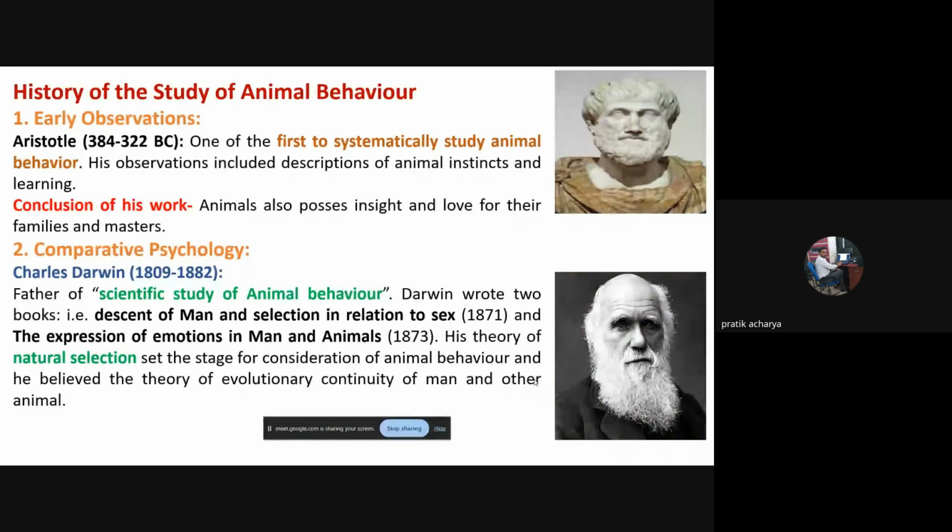Aristotle actually did research on pet organisms, and he observed that the pet animals have love and affection for their masters and their families. This actually gave the idea for more research on animal behavior patterns.